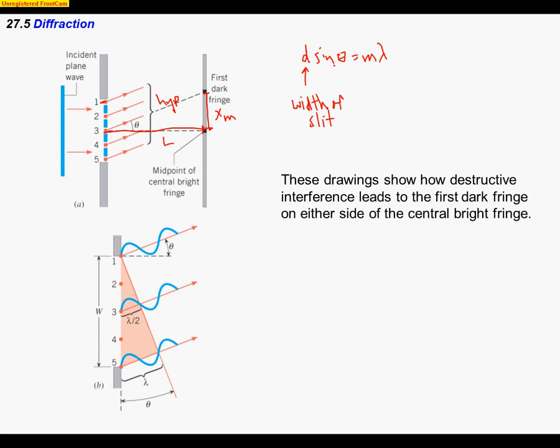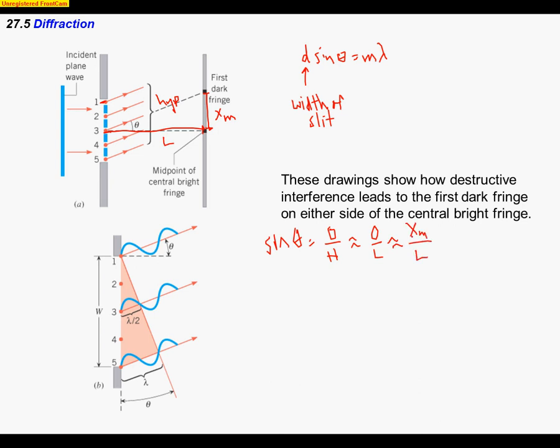And if that's true, then sine theta, which is opposite over hypotenuse, we can say is approximately equal to opposite over L, if the hypotenuse is approximately equal to L. So again, if this side of the triangle is very small compared to these other sides. And so that would be opposite over adjacent to our angle. That's our tangent. Our opposite side here, remember, we're calling that xm.